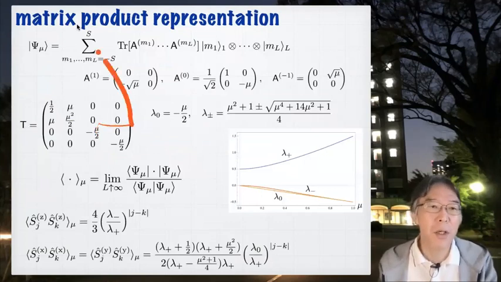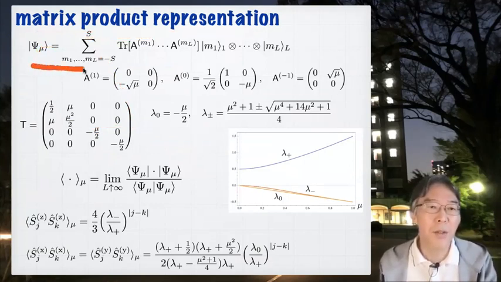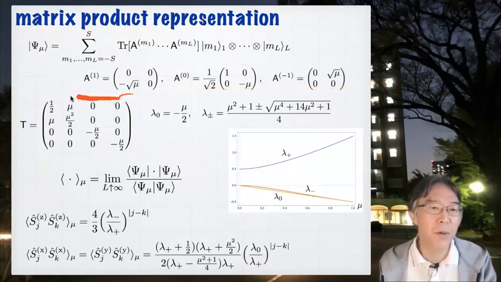To see this, it's easiest to go to something called matrix product representation. I'm not going to explain details, but this psi, the asymmetric VBS state, can be represented in this way by using matrices like this. And if you form something called transfer matrix T out of this, then you can compute many things in terms of the eigenvalues of this transfer matrix T.